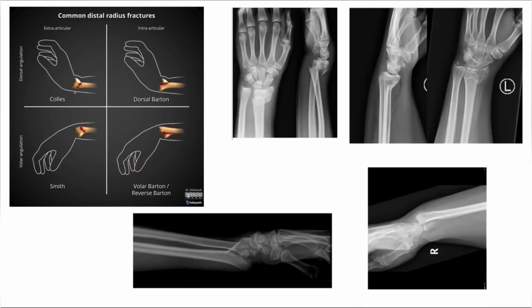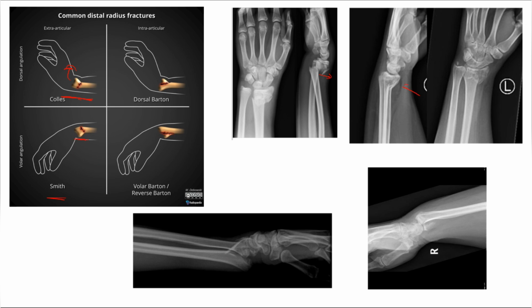Let's collect all this in order not to mix between them. So we have Colles, in which there is dorsal displacement of the distal fragment of the bone. So this is Colles fracture. There is dorsal displacement of the distal part. We have Smith fracture, volar displacement. So which one is this?